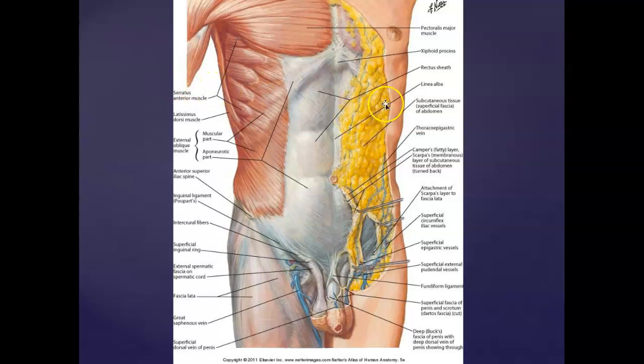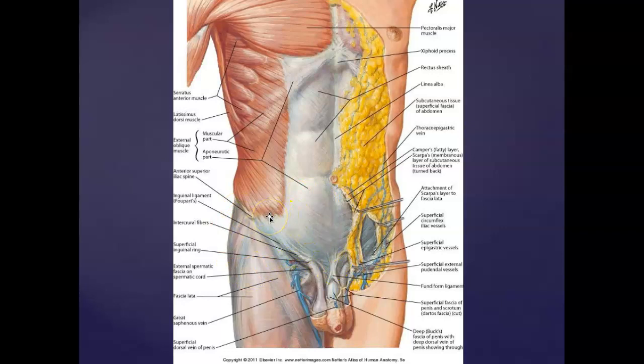Here on this picture as well, you can see a couple of different types of fascia. On the top portion, higher in the abdominal cavity, you'll see what's called the Camper's fascia, which is this fascia up here. It's a little more fatty in consistency. Lower in the abdominal cavity, you'll see the Scarpa's fascia.